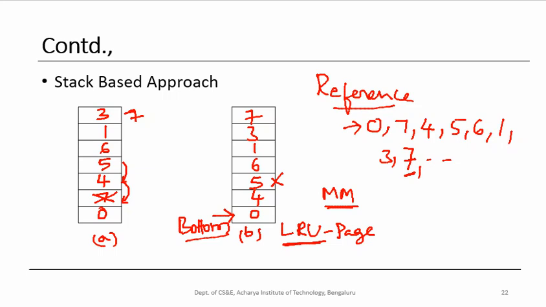And if the main memory is full, that means if all the frames allocated to this process, let's say process P, are full, then you will have to replace one of the frames. Which frame are you going to replace? The frame in which this page 0 is residing. You can call this page the victim page.